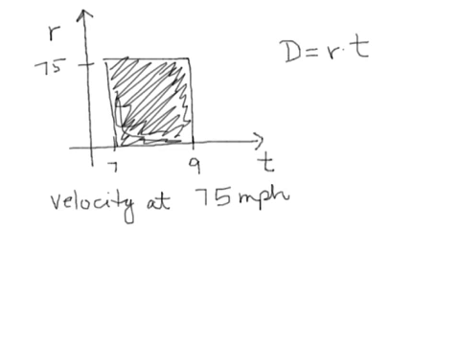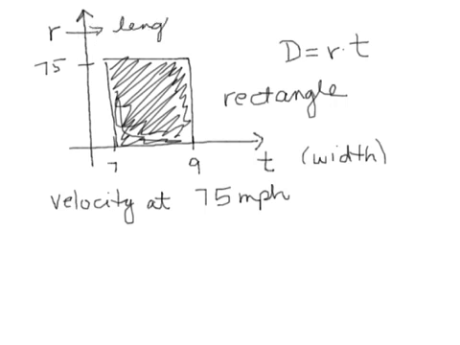But let's look at this. What we have is a rectangle. And here our time, this is the width of our rectangle. And our rate right here, this is length.